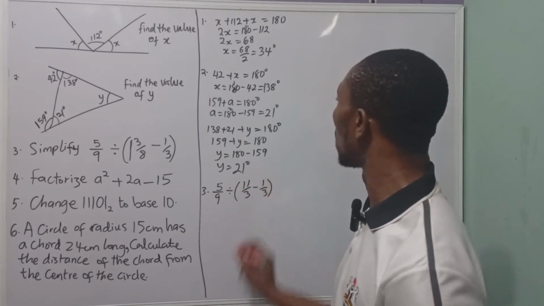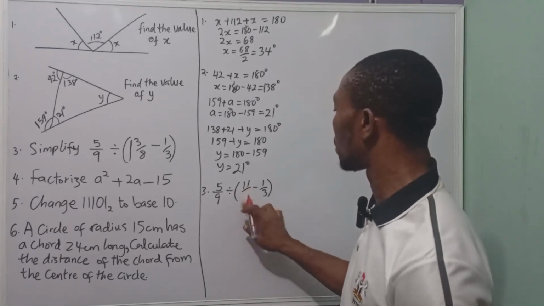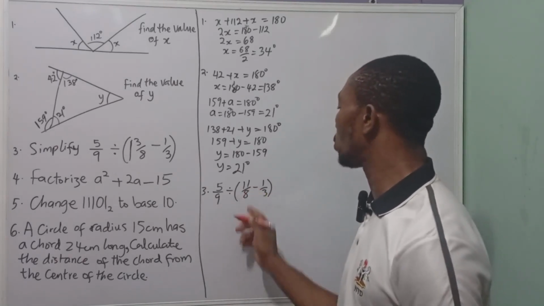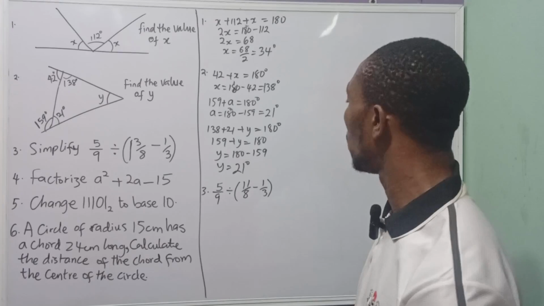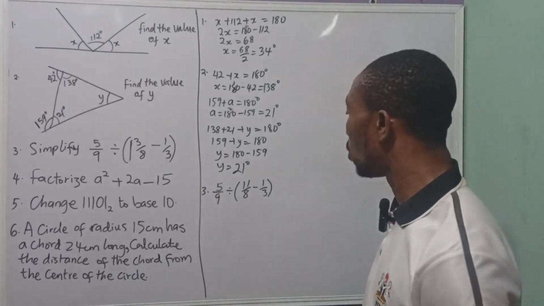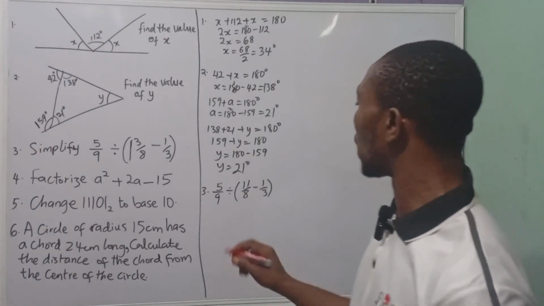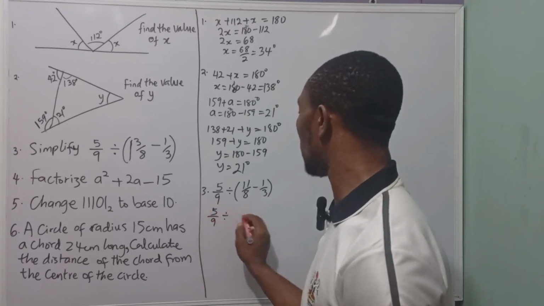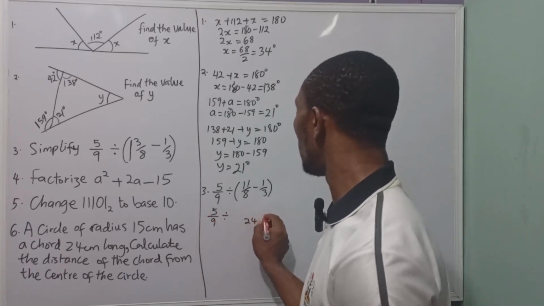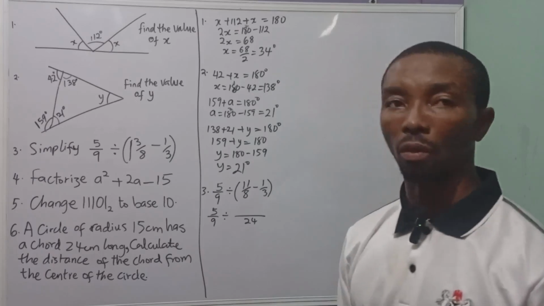Now, our LCM for 8 and 3 would be 24. Having it as 5 over 9 divided by, LCM is 24. 8 into 24 is 3.